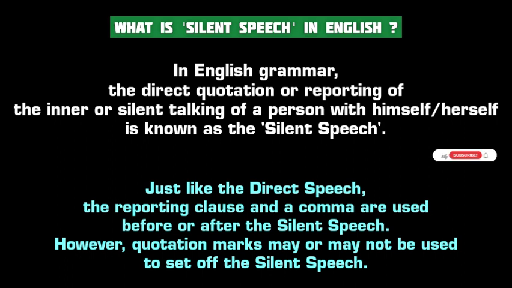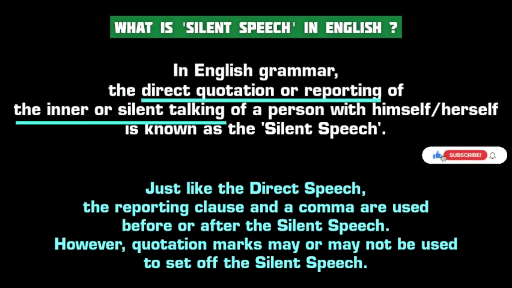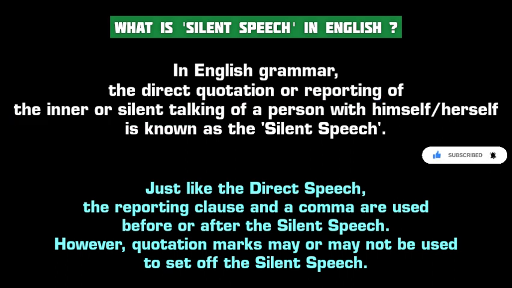So in English grammar, the silent speech means the direct quotation or reporting of this internal or silent talking of a character with himself or herself. The silent speech is similar to the direct or quoted speech.